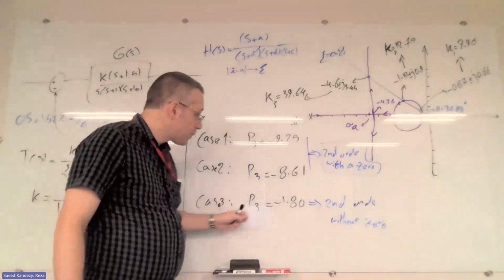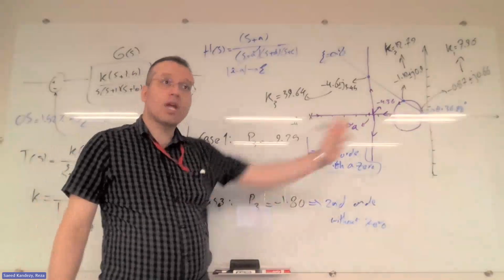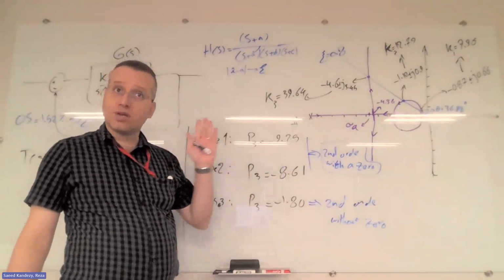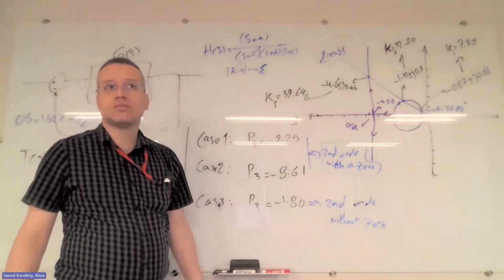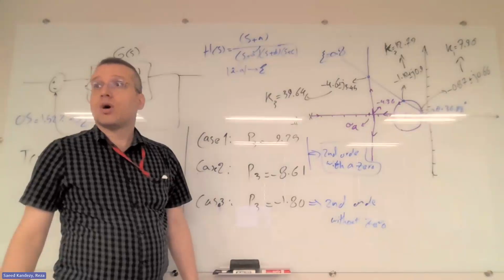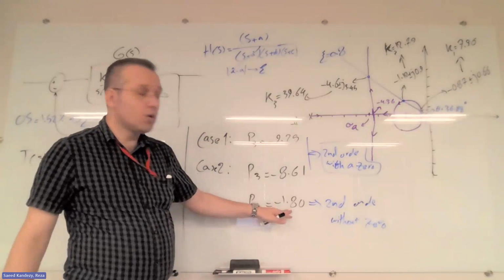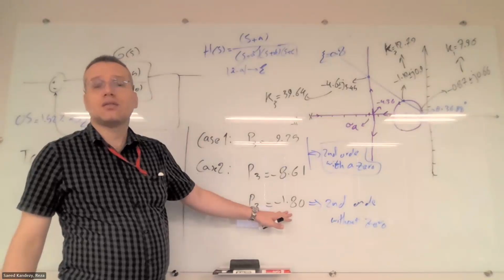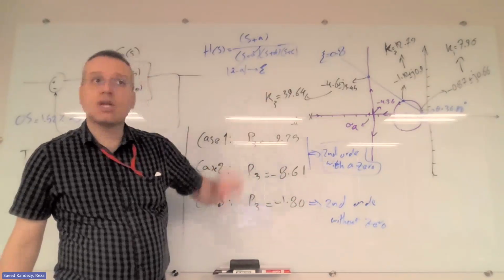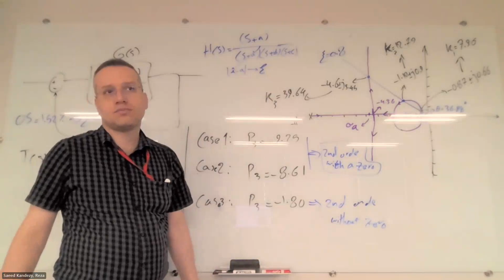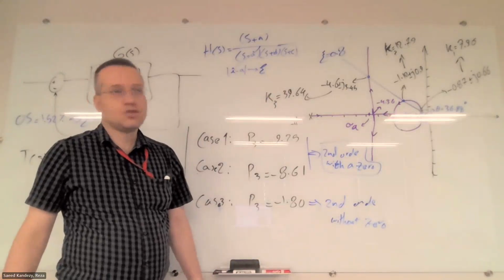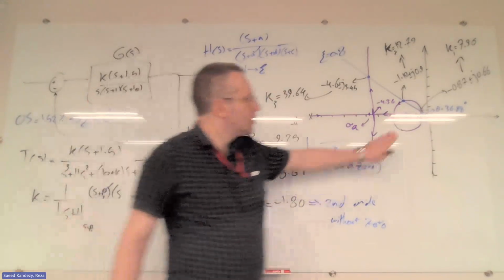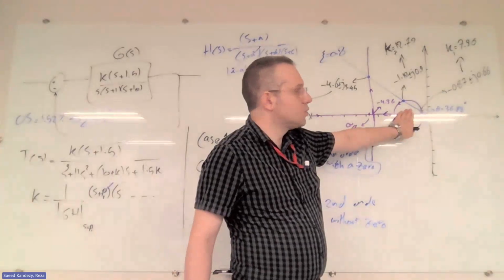For case 3, the pole is within the range of domination because it's very close to the rest of the system poles. But it is so close to our zero that we can say this third pole and that zero cancel each other. So if they cancel each other, that means we don't actually have these two.